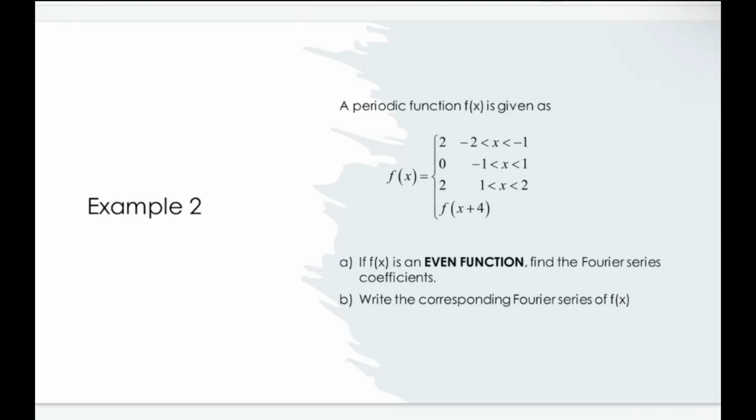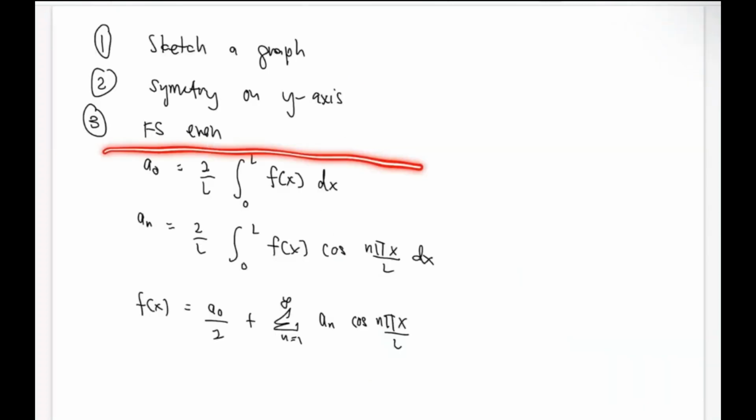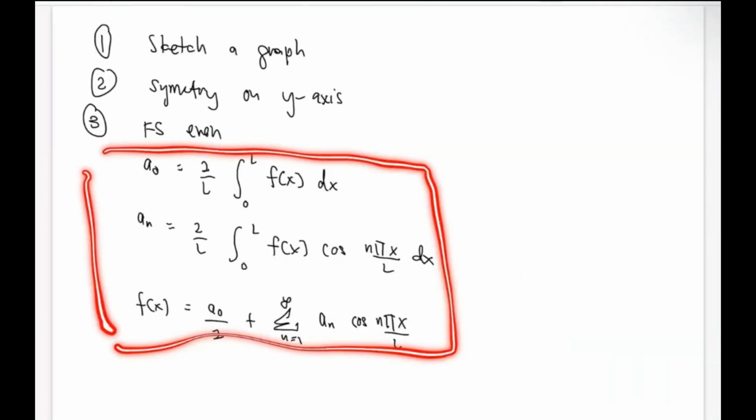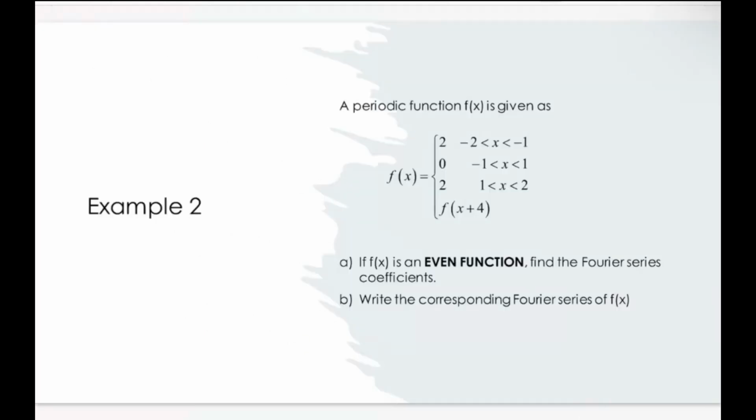No, you do not need to sketch a graph because it does not tell you to, and it already tells you this is an even function. So for any given even function, you just substitute into this formula to get the Fourier series, and then write the corresponding Fourier series of f(x). So let's do this example.